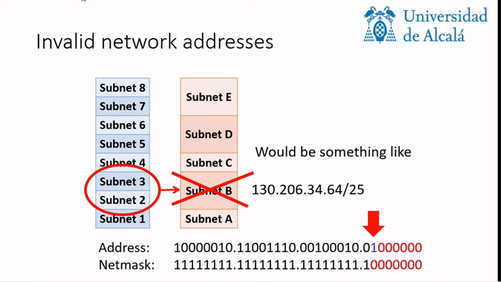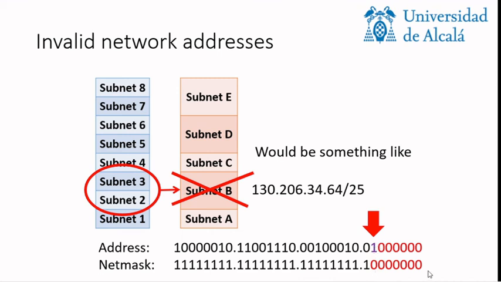In this case, if we have 2 and 3 and we apply mask /25 and take the lowest IP, we then would have this network address. This network address, if you check, is invalid. Why? Because we have a 1 in a place where we should have a 0.